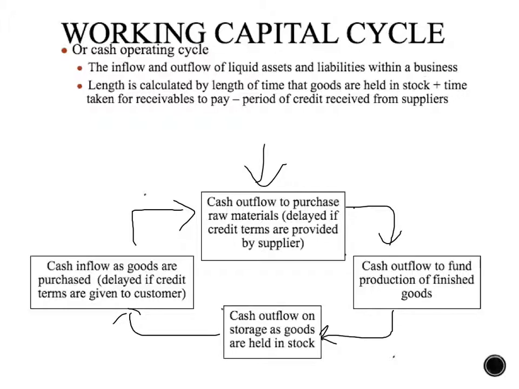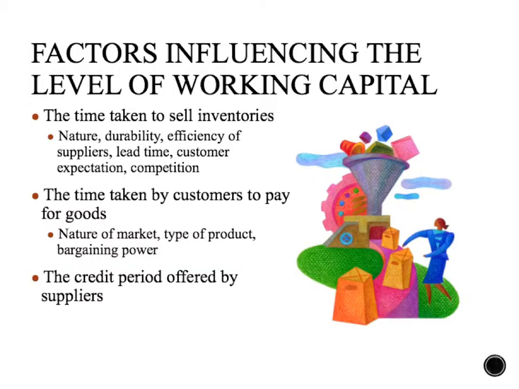This will be different for every industry, so it's nice to look at the case study, read between the lines, and really think about the need for holding appropriate cash so that you can continue trading on a short-term basis.